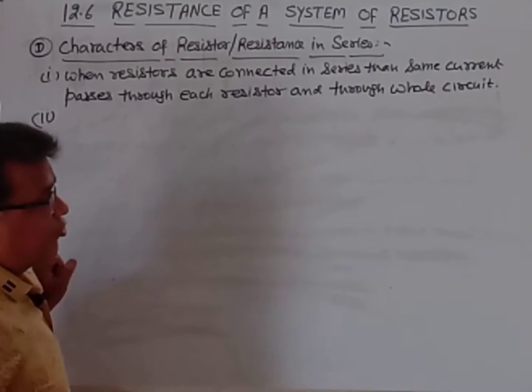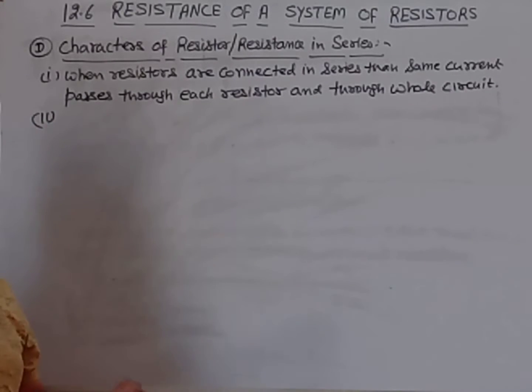This is the first law. Same current through every resistor as well as through the whole circuit.